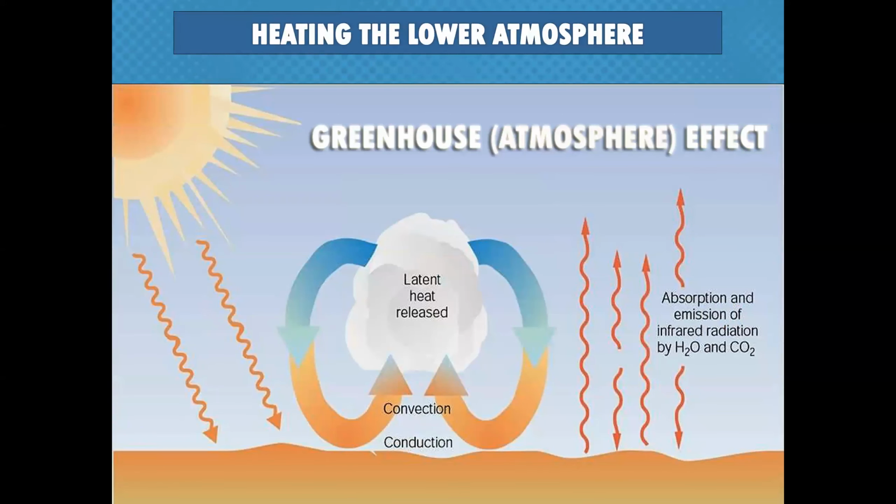So putting it all together, these different mechanisms contribute to what's called the atmosphere or greenhouse effect. And because we have an atmosphere made up of water vapor and carbon dioxide and methane, we have a planet that has a livable temperature across its surface.